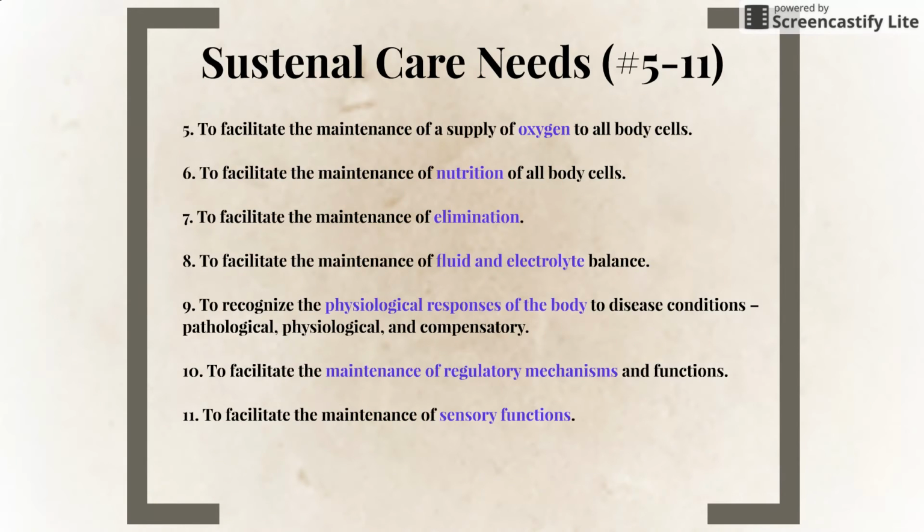A lot of it is focused around maintenance: maintenance of nutrition, elimination, fluid and electrolyte balance, and recognizing the physiological responses of the body to a disease condition. These responses can be pathological, physiological, or compensatory. Also to facilitate the maintenance of regulatory mechanisms, so reflexes and vital signs, and to facilitate the maintenance of sensory function. These would be the patient's vision, hearing, and tactile senses.